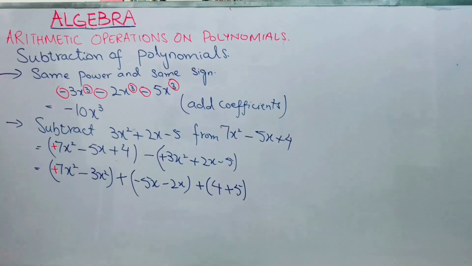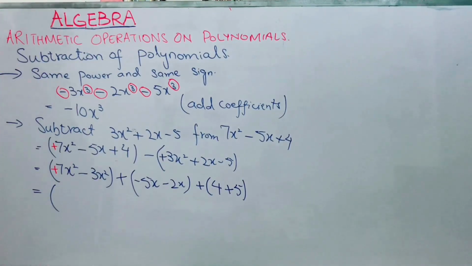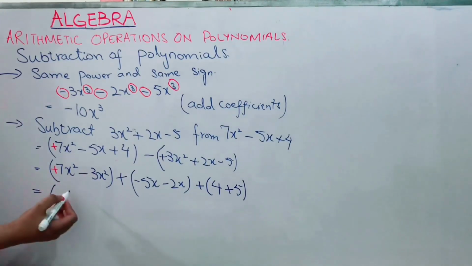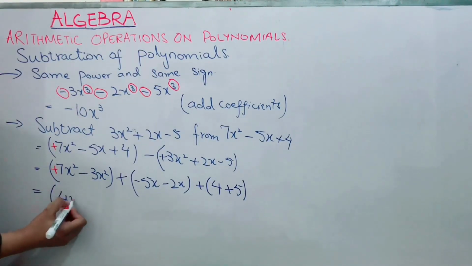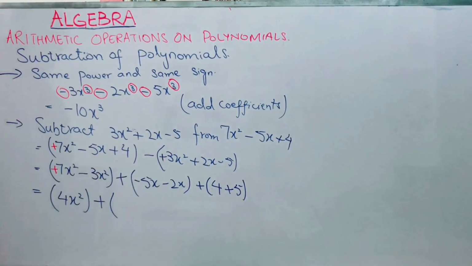So next is you have to just simplify it. 7 minus 3. Powers are same. It means you can just simplify your coefficients. So 7 minus 3 is 4x square plus minus 5x minus 2x. Powers are same. It means that you can simplify your coefficients. Minus 5 minus 2.